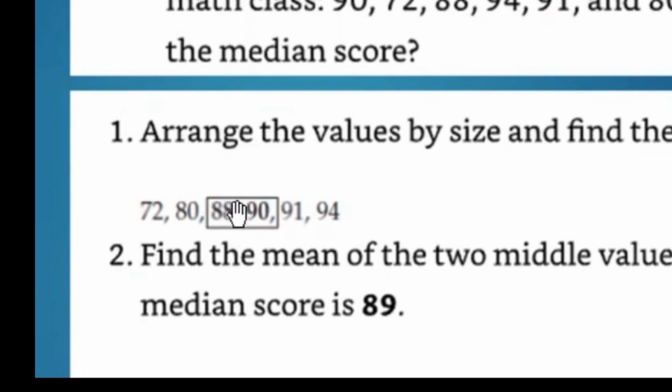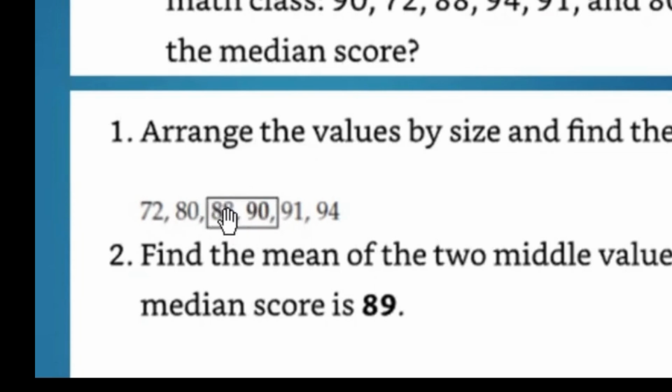So how do we find that number? How do we find the number that should be here? Well, we just take the first number to the left, which is 88, and the first number to the right, which is 90. We add them together, and then we find the mean. And remember, how do we find the mean? It's always going to be the sum of the values divided by the number of values, right?